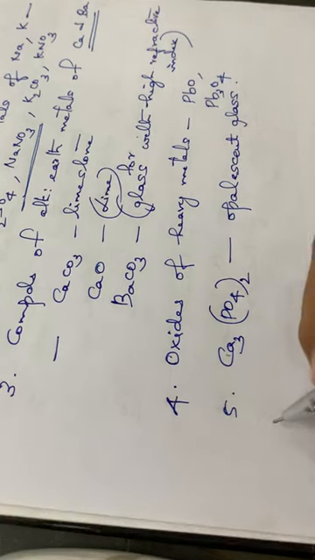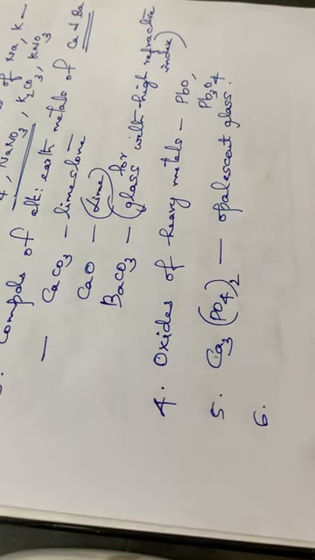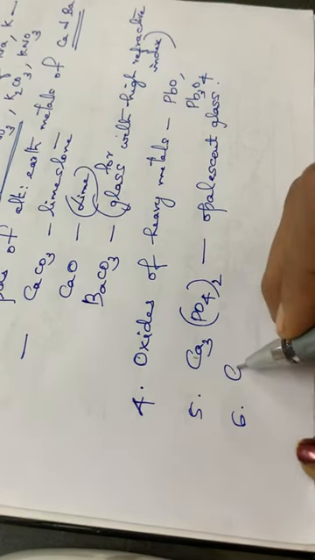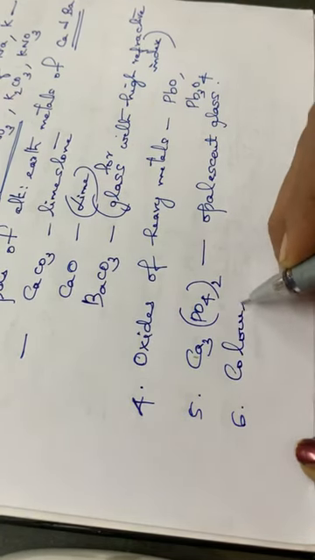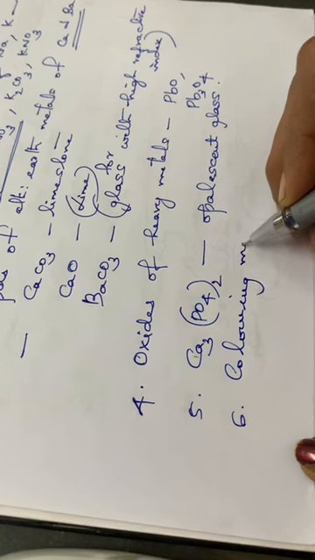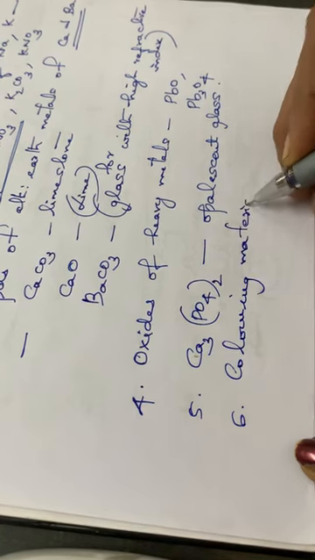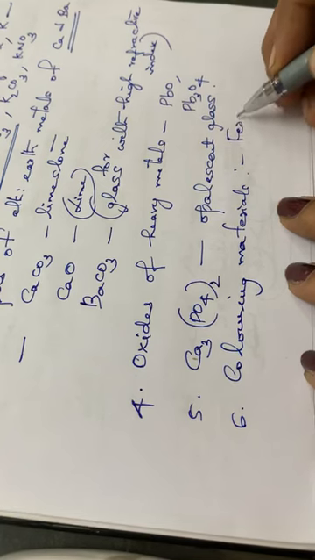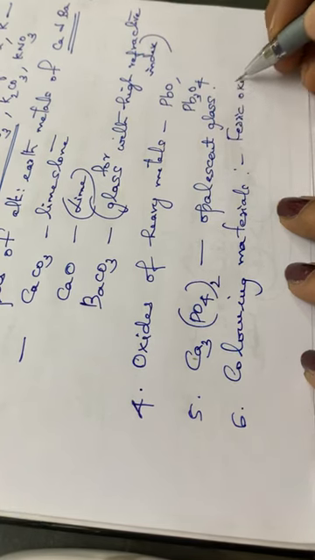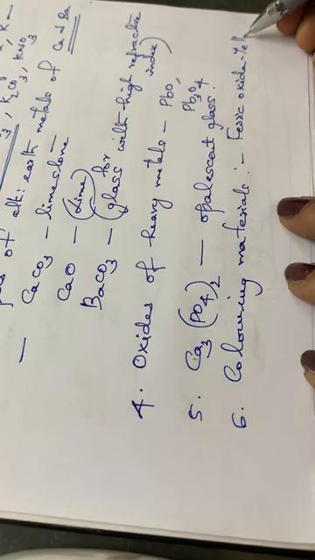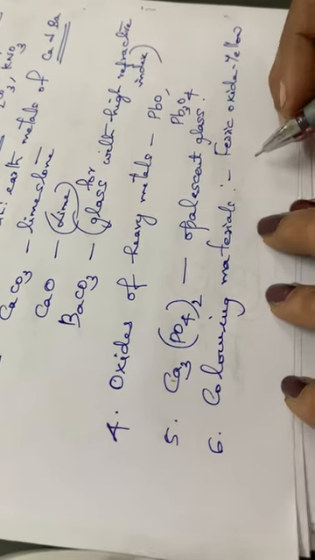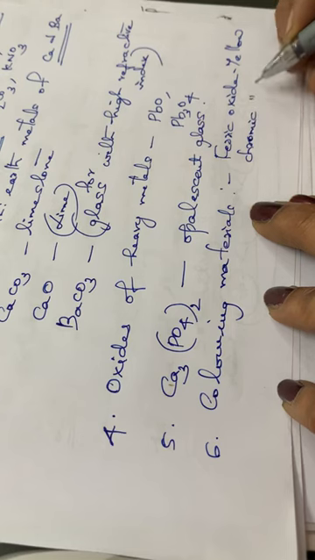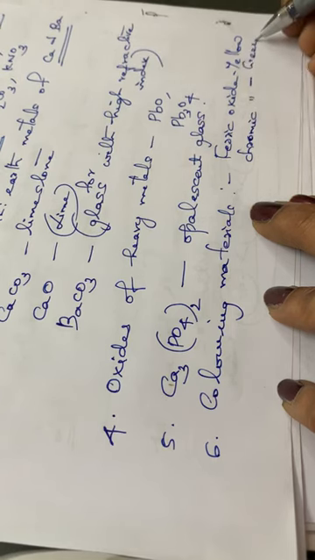Again, some coloring materials are also used. You know, some glasses are colored, isn't it? So some coloring materials are used based on the need of the preparation. Normally ferric oxide gives yellow color to the glass. Chromic oxide gives green color.